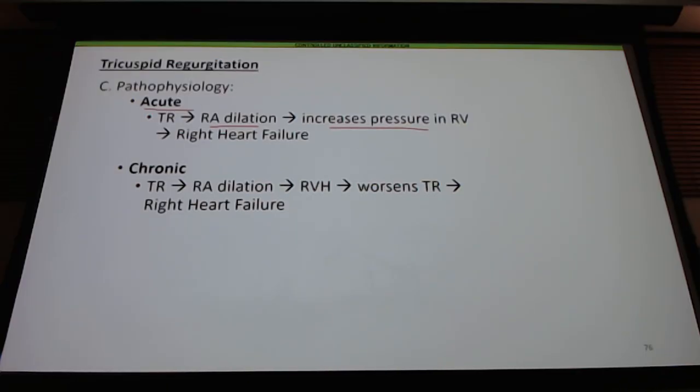But the hallmark that separates acute tricuspid regurgitation from chronic is you have an adaptation that occurs with the right ventricle. You get that right ventricular hypertrophy because you've given time for the ventricle to try to generate a higher pressure squeeze, or stronger squeeze, to get that blood out to the pulmonary system. But unfortunately, that just makes the condition worse because you still have that lack of integrity of the tricuspid valve, and you don't get that unidirectional flow.